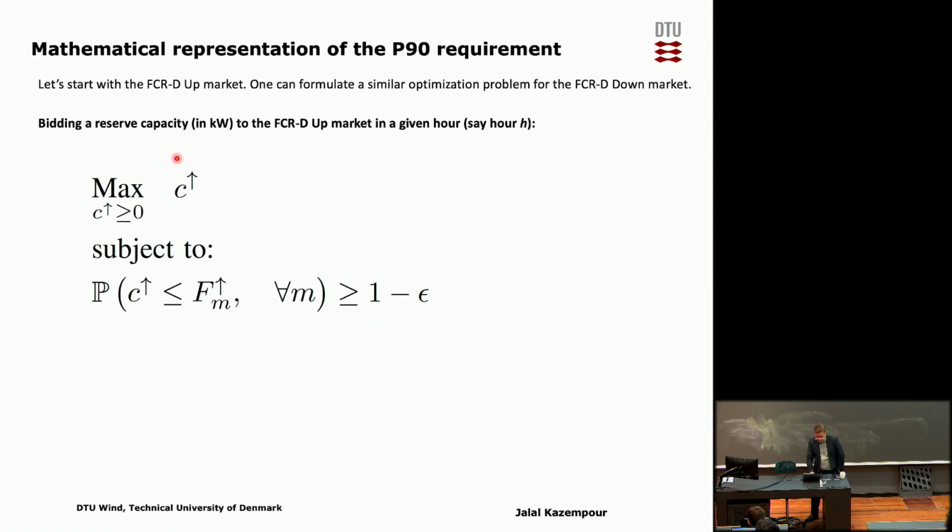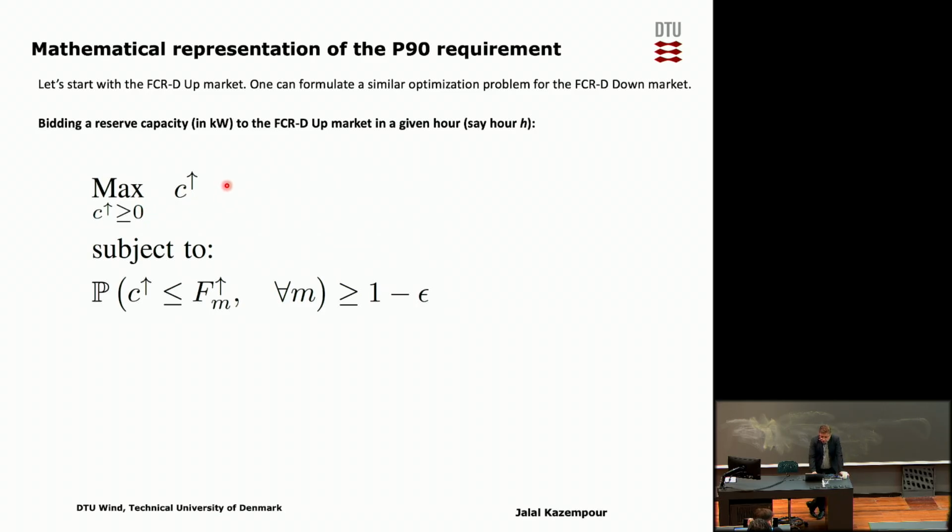This is the FCRD up bid in a given hour or a given 15 minutes, depending on the time resolution or the market time unit, MTU. And we know that the bid should be non-negative, greater than or equal to 0.